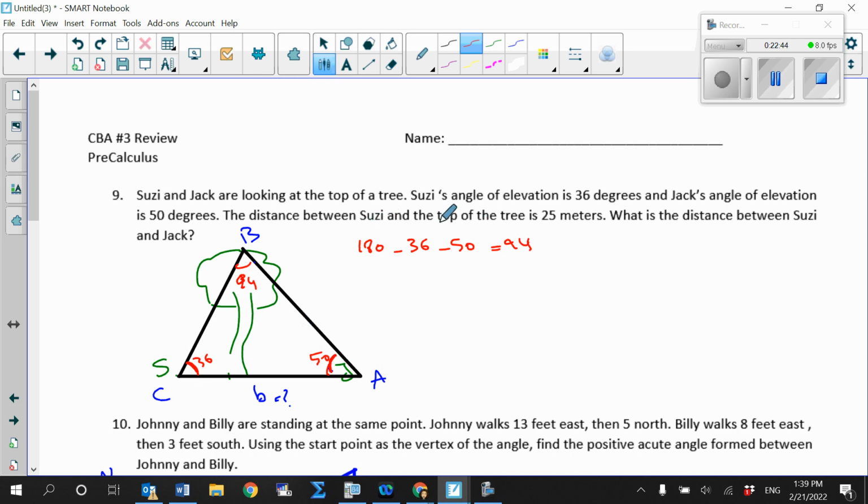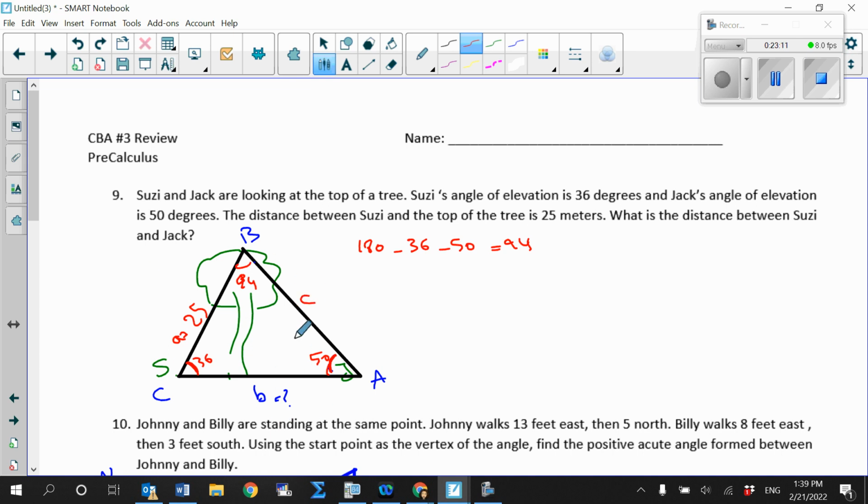Also, we're given the distance between Susie and the top of the tree, which is this side, 25. Now it's asking what is the distance between Susie and Jack, this side. So I call this triangle ABC. So this side, opposite angle A, is side a, this one is side b, and it's the one that we're looking for, and this one is side c.